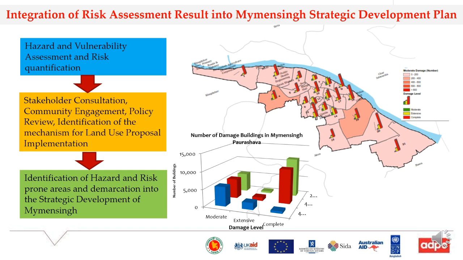Then stakeholders were consulted with community engagement, policy review, and identification of the mechanism for land use proposal implementation. Finally, identification of hazard and risk prone areas and demarcation into the strategic development of Mymensingh has been completed. This has been accepted by the government. It was co-developed with government institutes and is being implemented and mainstreamed in the city.